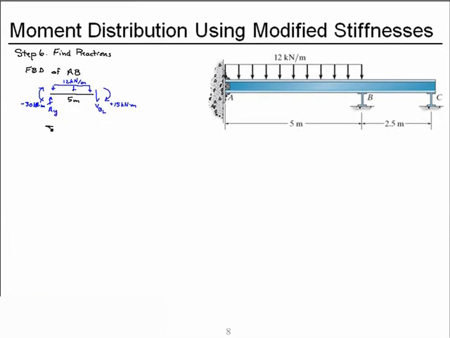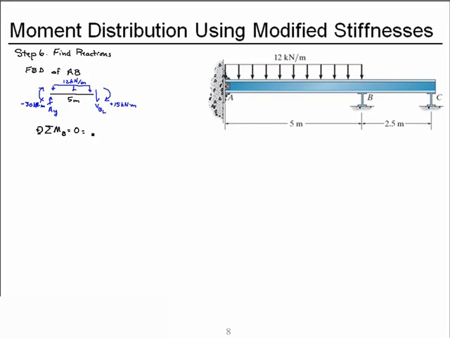So let's sum moments about point B, and I can choose whichever direction to be positive, clockwise or counterclockwise. I will choose clockwise since that's the sign convention we use for moments.